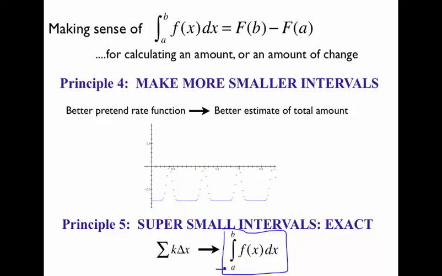This is where we're going to start calculating the change in y, and this is where we're going to end. So this is x equals a, and this is x equals b. a is the starting value of x, where we start looking at how much y is going to change, and b is where we stop x. So it's how much y changes between x equals a and x equals b.